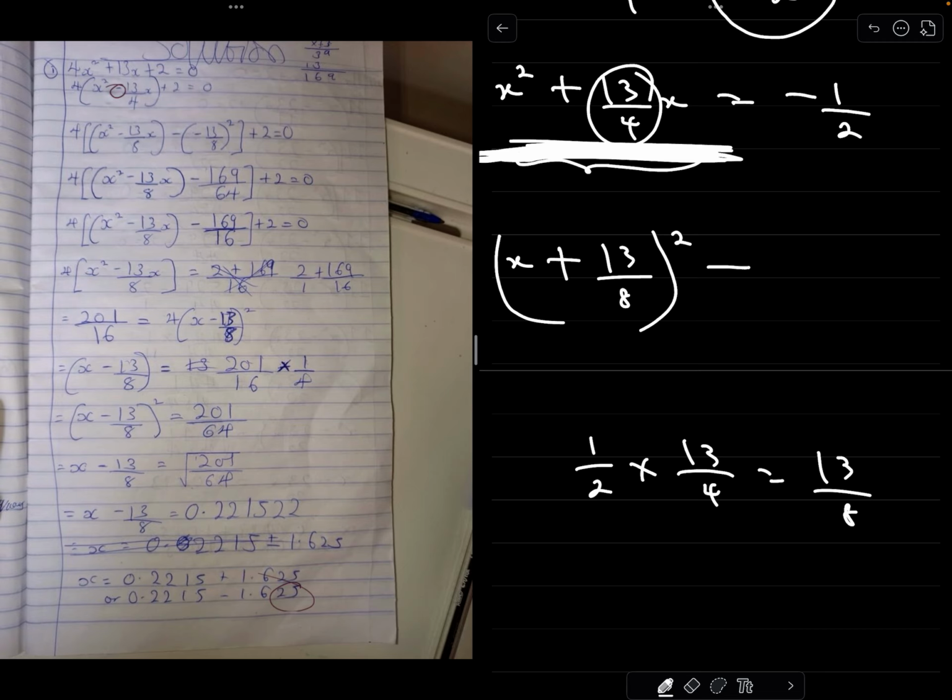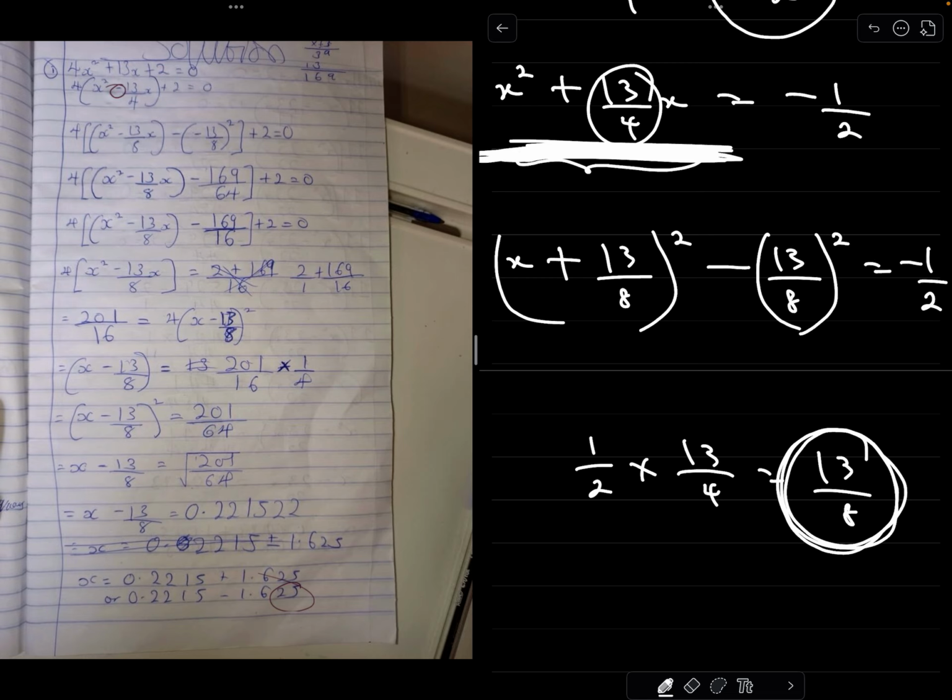Now, minus the square of this one. That's the square of 13 over 8, and that's equal to minus 1 over 2.